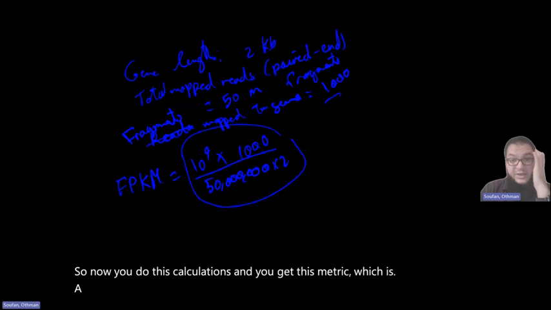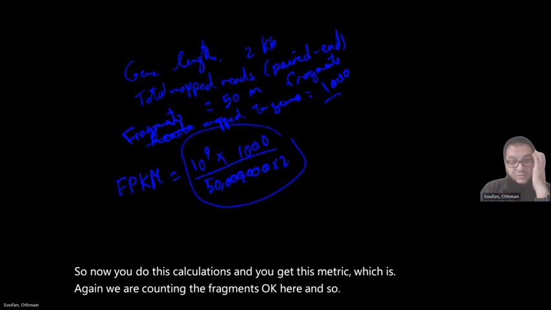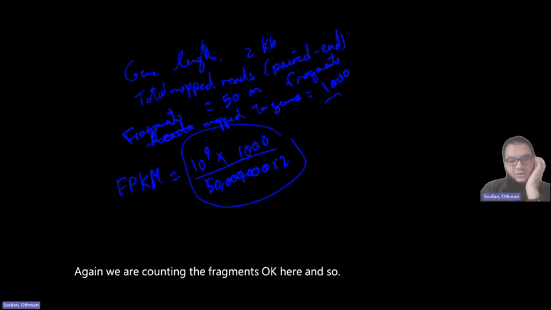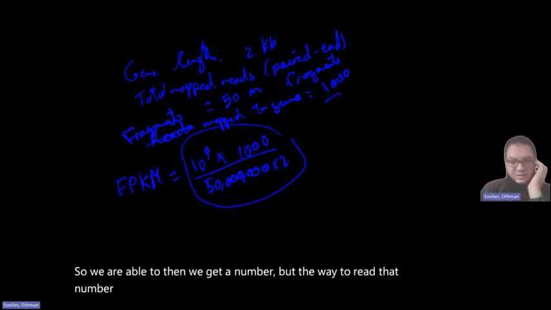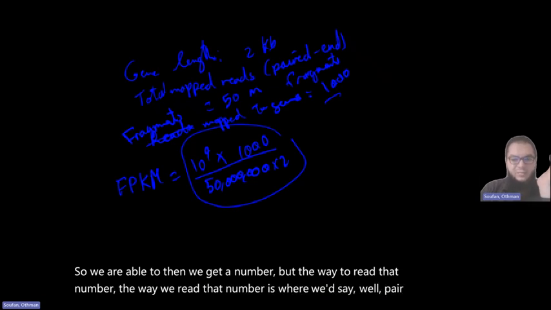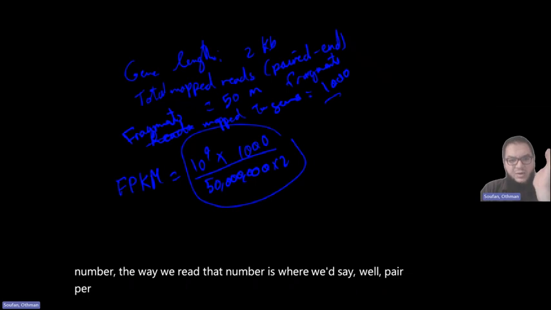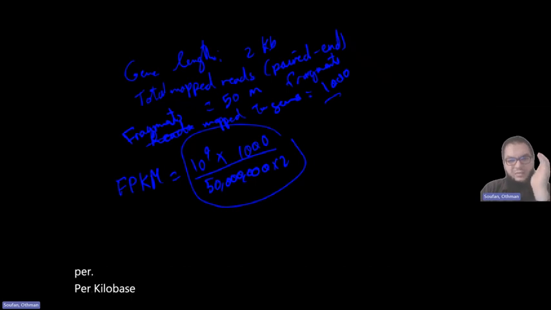Again, we are counting the fragments here. So we get a number, but the way we read that number is per kilobase of transcript per million.